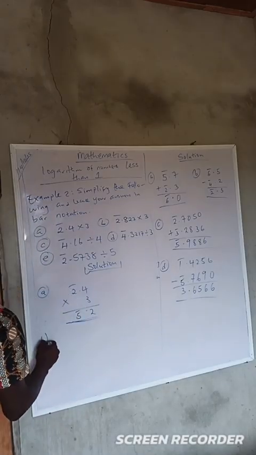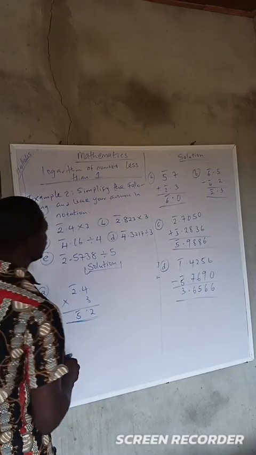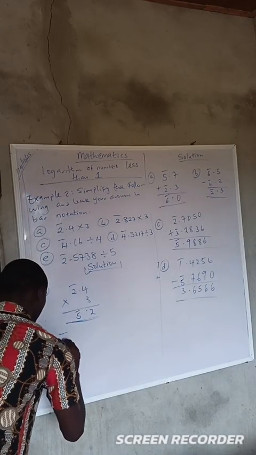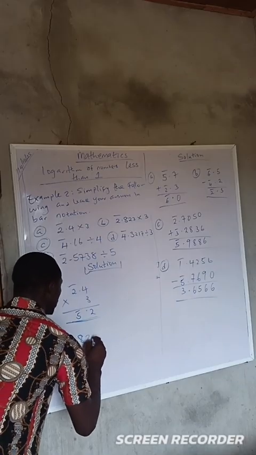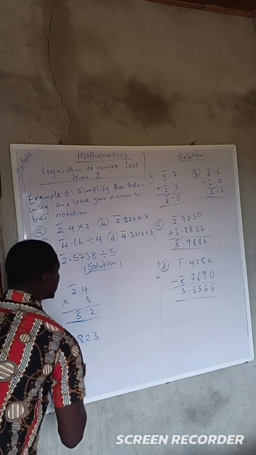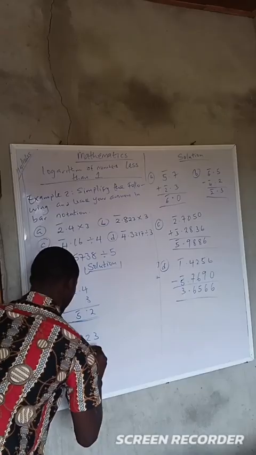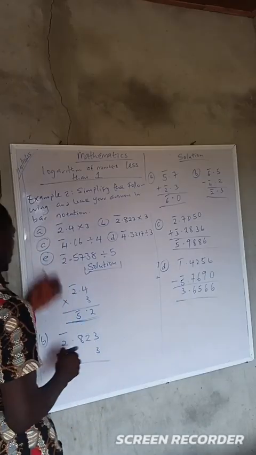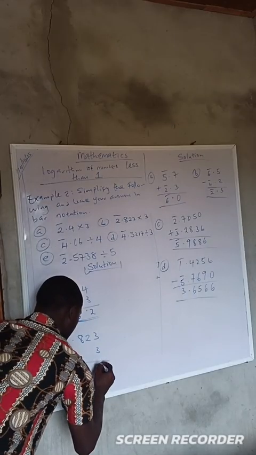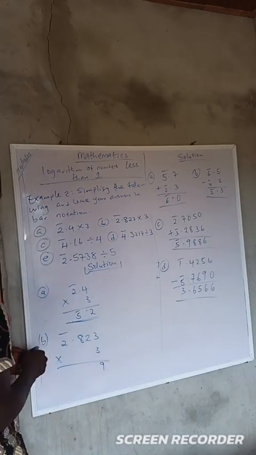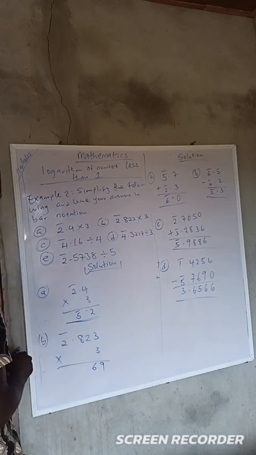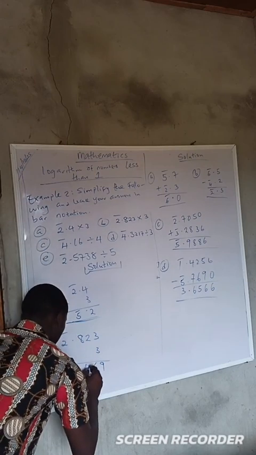B, we have bar 2.823 times 3. So this is going to give us 3 times 3, we have 9. Then 3 times 2, you have 6. Then 3 times 8, that's 24, you write 4.